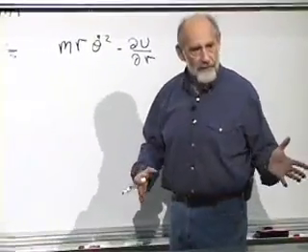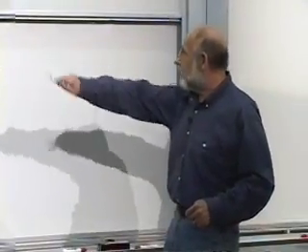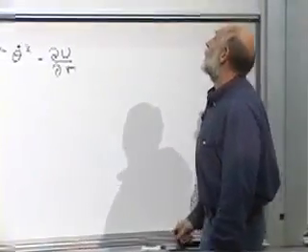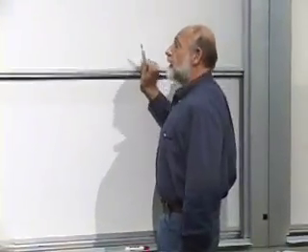We're all familiar with it, right? And here's its mathematical origin. It comes from differentiating L with respect to r, but the piece of it which multiplies theta dot squared.